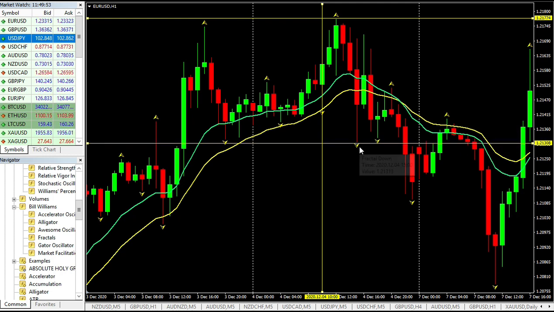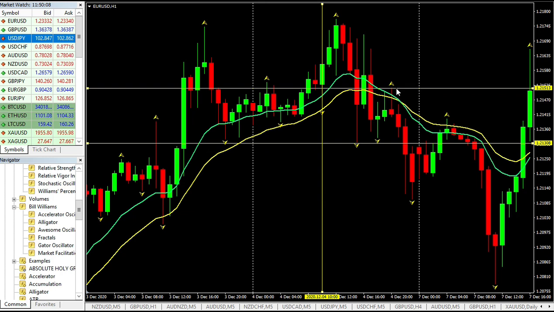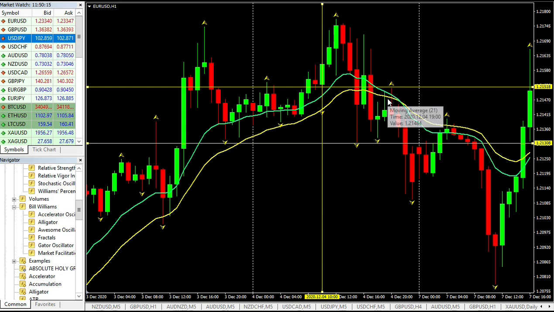About here. Now after some time you get another up fractal here, and this is above the moving averages, but the moving average is going down, so you're only going to sell, you're not going to buy. So then the new fractal is formed here on this candle.